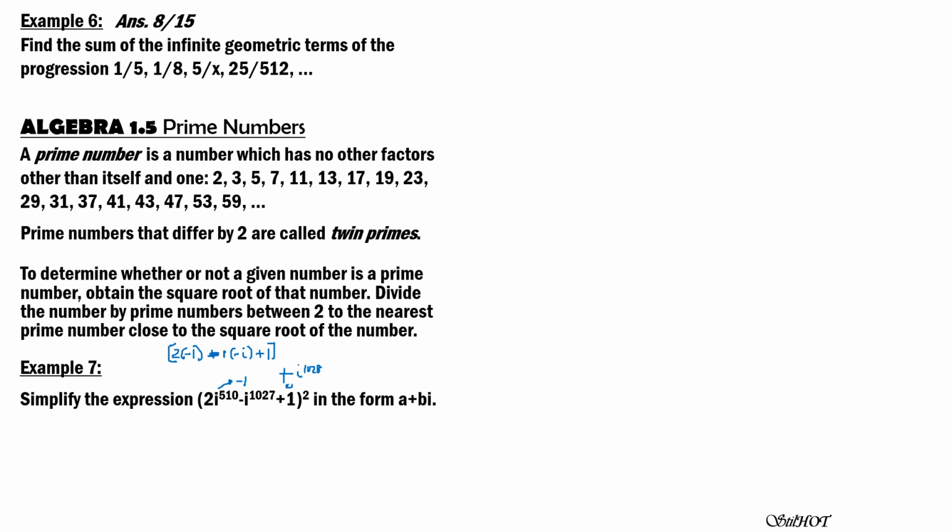Since 1 minus 2 is negative 1, this reduces to negative 1 plus i, all squared. So this is 1 minus twice the product 2i, plus i square, and i square is negative 1. So the result is negative 2i. So the answer here is negative 2i.